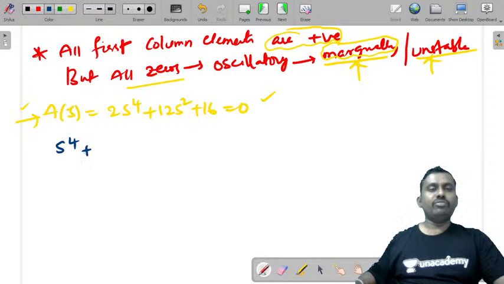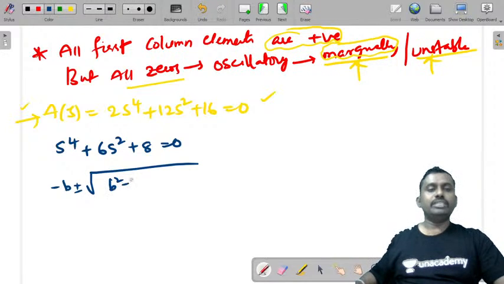I'll take s power 4. I'm taking 2 common. It is 2 times s power 4 plus 6s square plus 8. So you can write minus b plus or minus under root of b square minus 4ac by 2a.